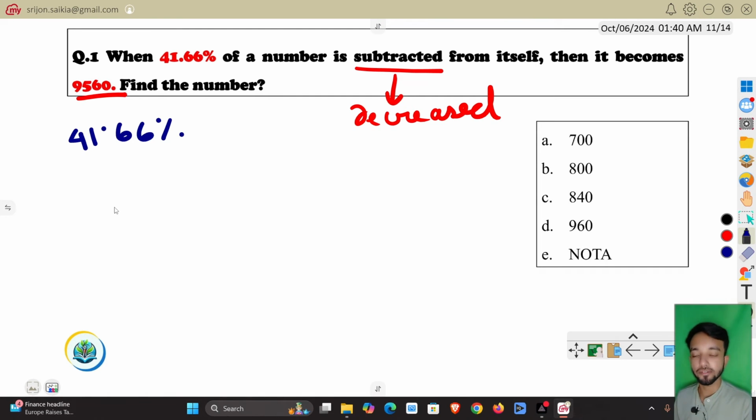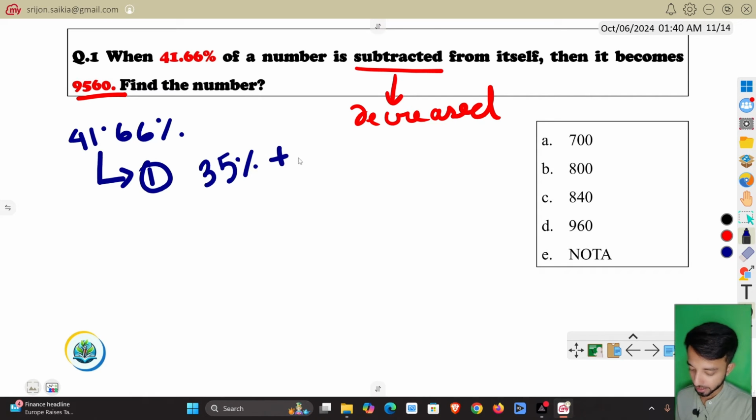I give 3 ways. First one is 35% plus 6.66%. This is the first way to find the value of 41.66.